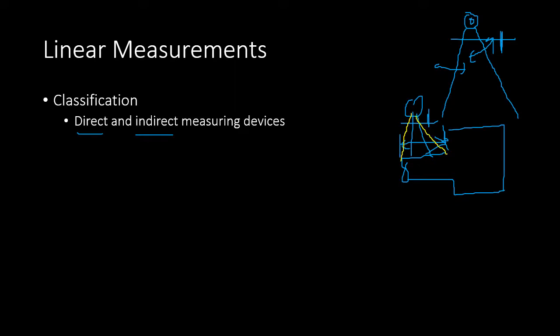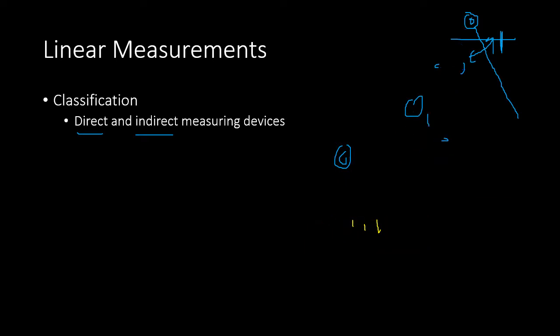Then this dimension will be secured by fixing the screw, and then the worker will take this divider, and by using the steel rule, the distance between the two legs of the divider will be measured. Okay, so the indirect measuring devices are used along with direct measuring devices.